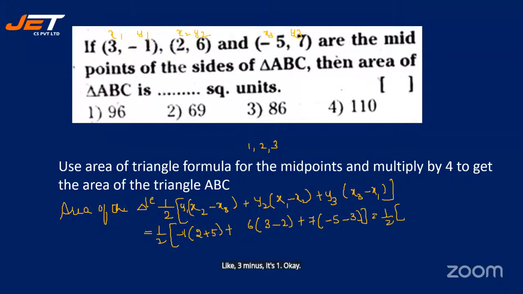So half into 5 plus 2 is 7, so minus 7, plus 3 minus 2 is 1, 1 into 6 is 6. So minus 8 into 7 is minus 56. Right? So you get minus 62 plus 6, 56 by 2, which is 28.